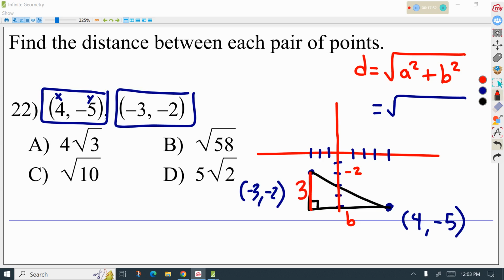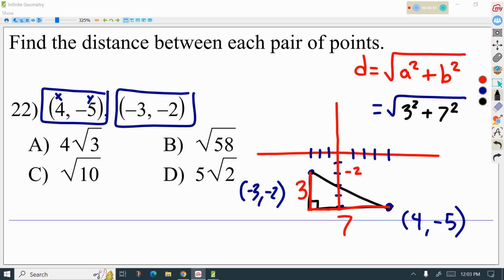What's the B? What's the length of this side of the triangle? Well, I have to take 1, 2, 3 steps to get here, and then another 4. So 3 plus 4 is 7 steps. That means this side is 7. So now to solve this, all I have to do is 3 squared plus 7 squared.